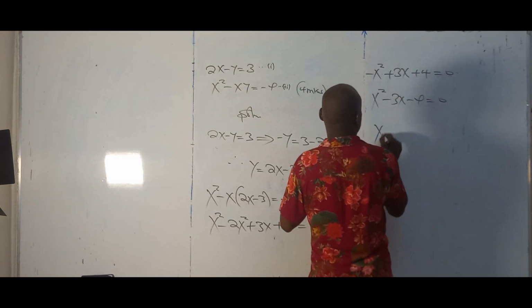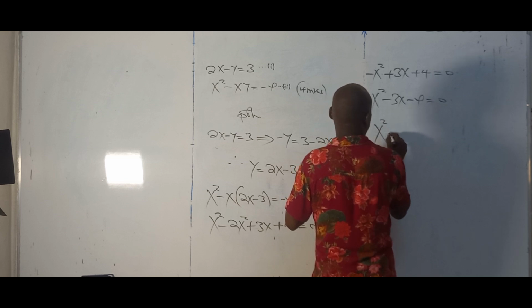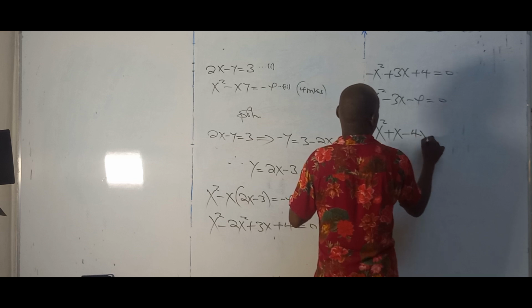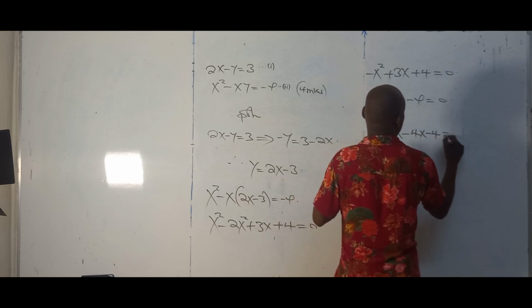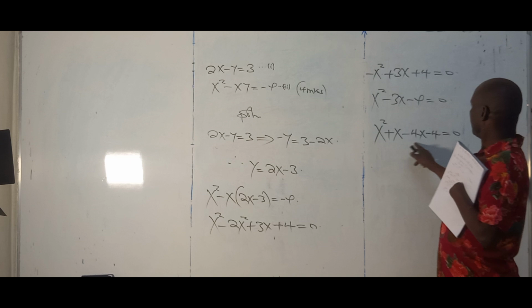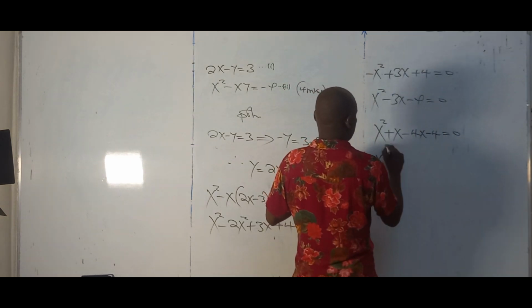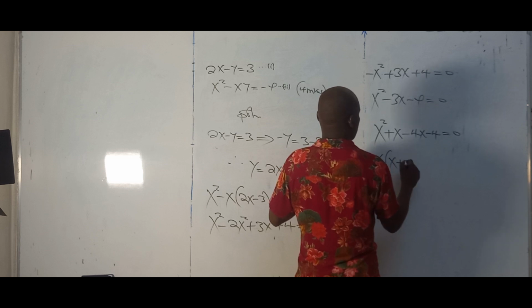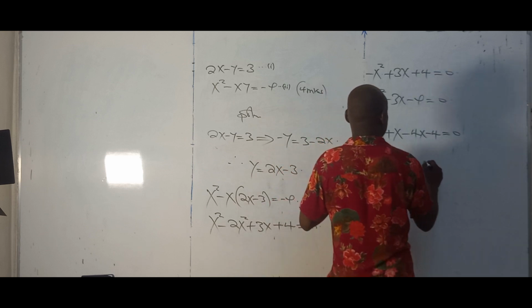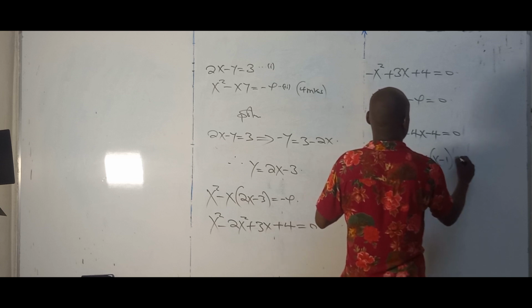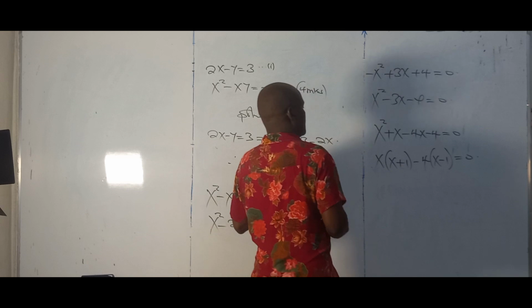So that should be x squared plus x minus 4x minus 4 is equal to 0. So that this plus this gives me that. Factorizing, I get x plus 1 and minus 4 inside here, then I get x minus 4 is equal to 0.